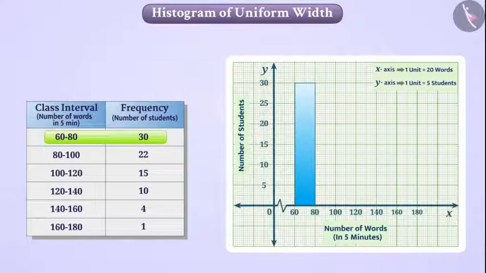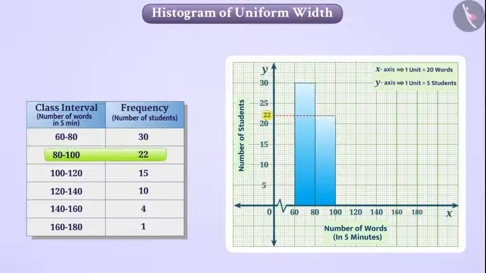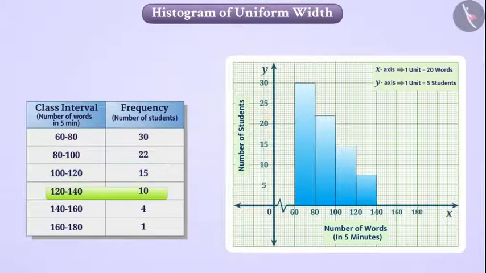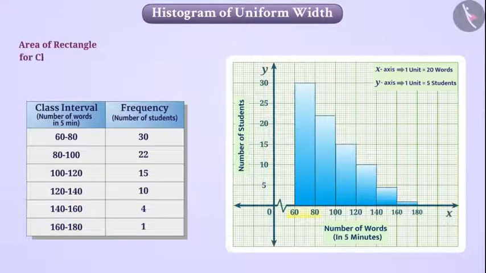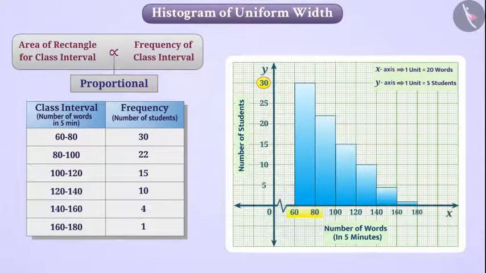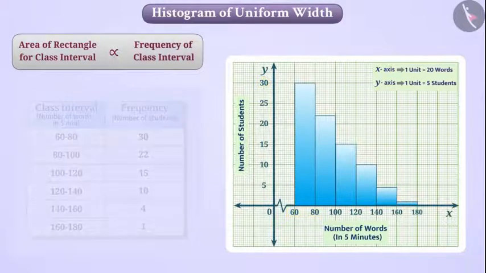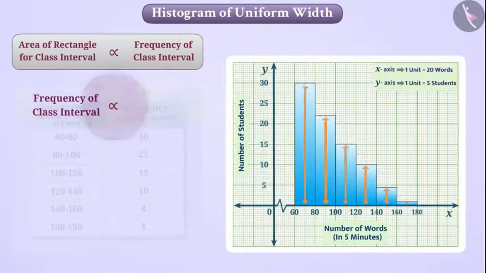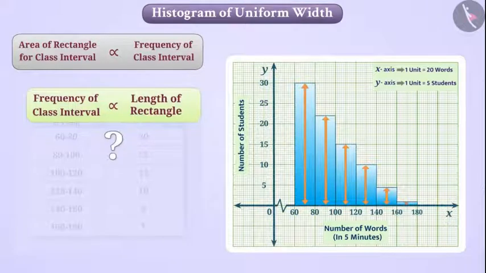Similarly, we will also draw rectangles for class intervals 80 to 100, and for all class intervals. The area of the rectangle drawn for a class interval in a histogram is proportional to the frequency of that class interval. But here we have kept the frequency proportional to the length. Is it fair? Think.